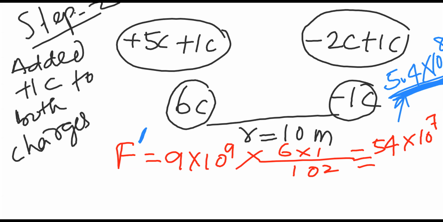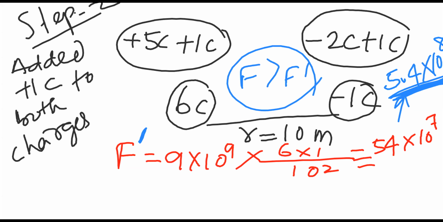Be careful whenever they ask like this: calculate step 1, step 2, check the force and compare the force. So that means F is greater than F prime. I hope you are understanding the concept. If any mistake is there, tell; if you are not understanding, ask.